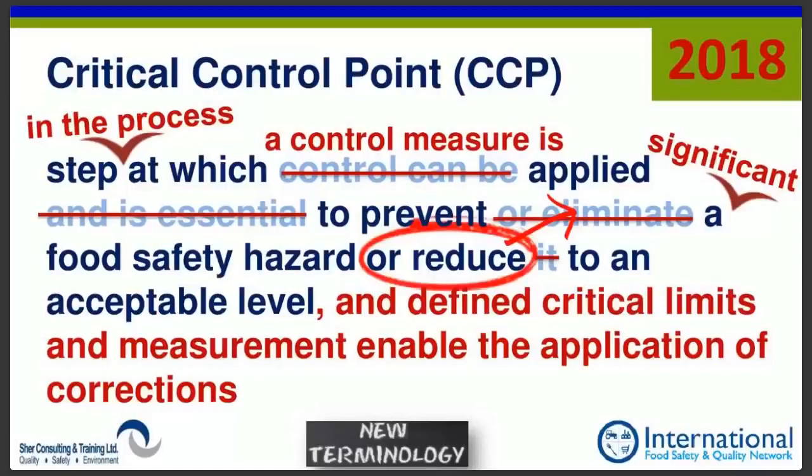The sieve is a step in the process where a control measure is applied to a significant food safety hazard, and it can reduce that hazard to an acceptable level. However, for a sieve, we don't use defined critical limits and measurement. We use the judgment of whether the sieve is intact or not.